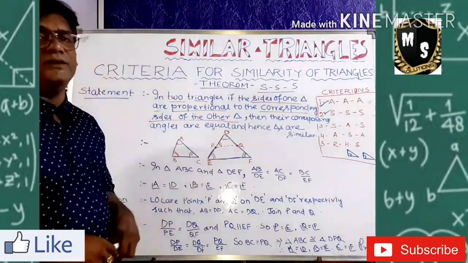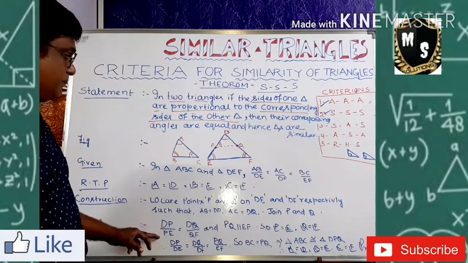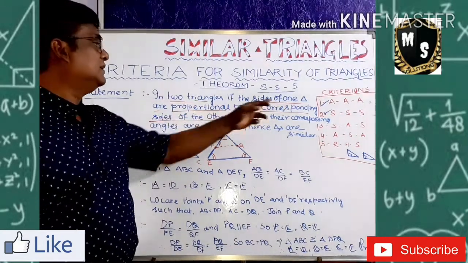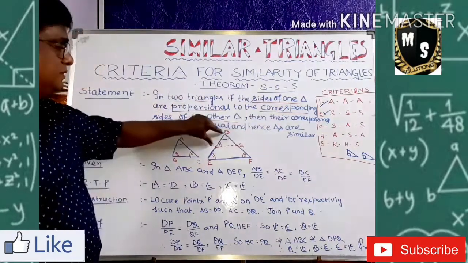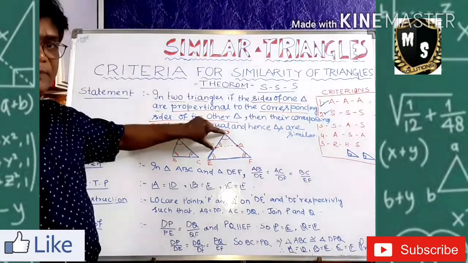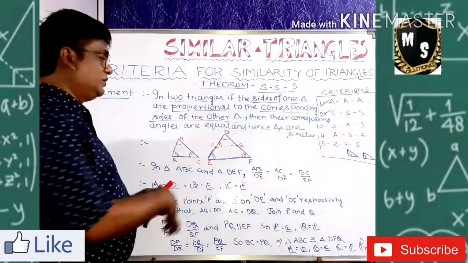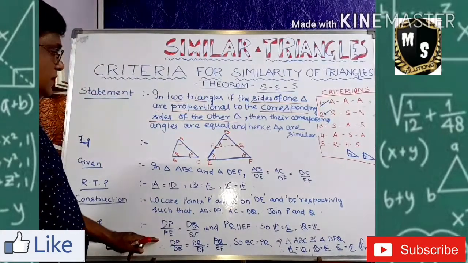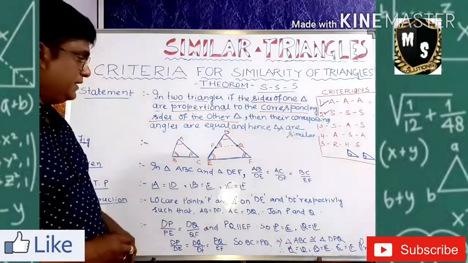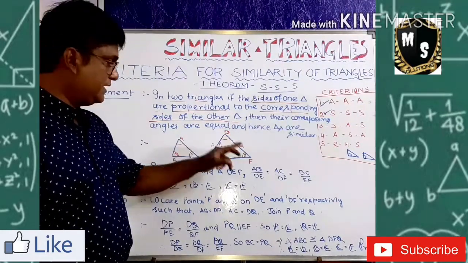In these two triangles, tell me, what is the relation now? They are saying the sides are proportional to the corresponding sides of the other triangle. In the small triangle the side is DP, then the big triangle side is DE. They are in proportion. So DP by DE is equal to DQ by DF.